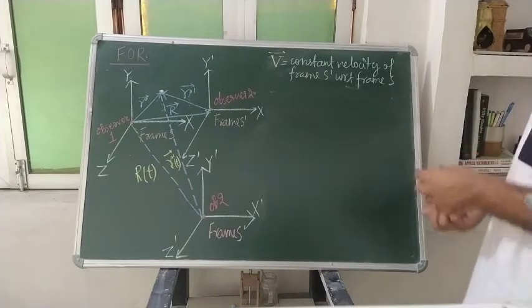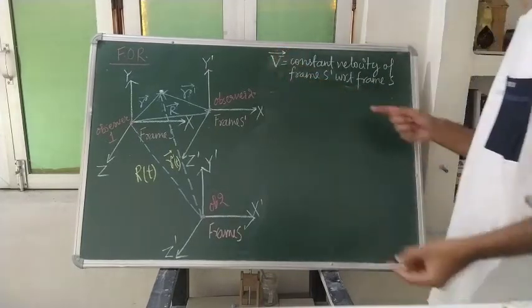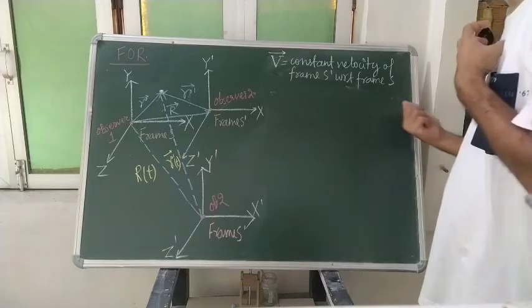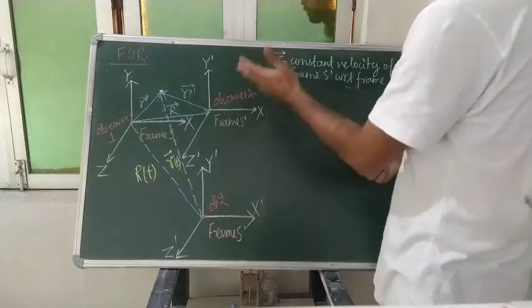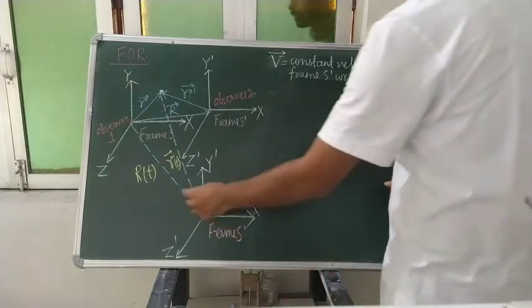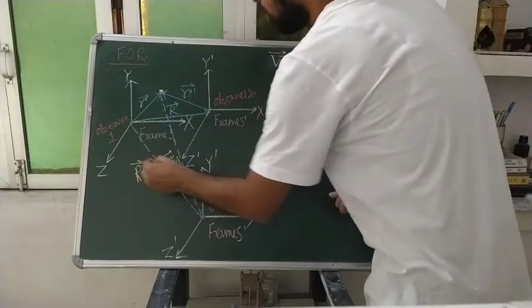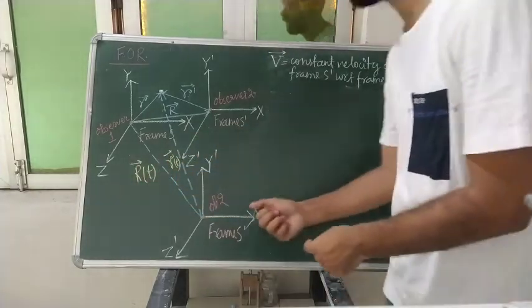We have seen that capital V vector represents the constant velocity of frame S prime with respect to frame S. When it is moving with constant velocity, capital R vector and small r prime vector also become functions of time.